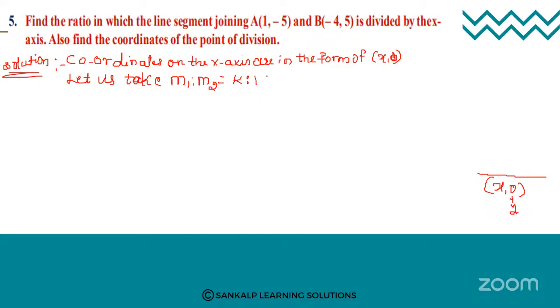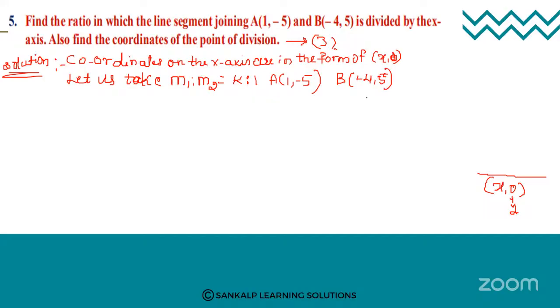Next, what they have given? A coordinates they have given, that is A (1, -5). See dear children, this question is also for 3 marks, remember. B is (-4, 5). In section formula, all the problems are for 3 marks only.